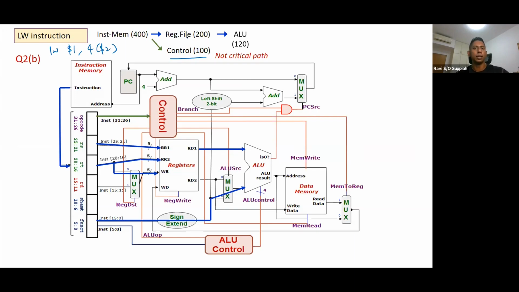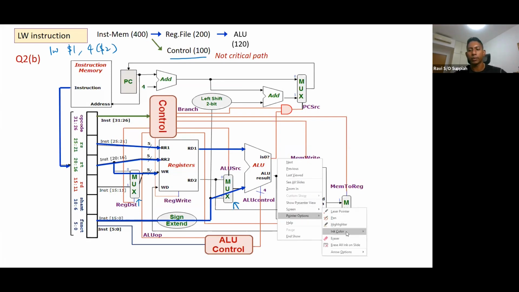Like I said, we are looking at the worst case scenario, that means the slowest pathway that I will end up taking in order to execute this instruction. Now, for my write register, let's say register 1, there is a multiplexer here, but I did not factor in the multiplexer. Similarly, for my immediate value, there is also another multiplexer here, but I did not factor in the multiplexer in my calculation so far.